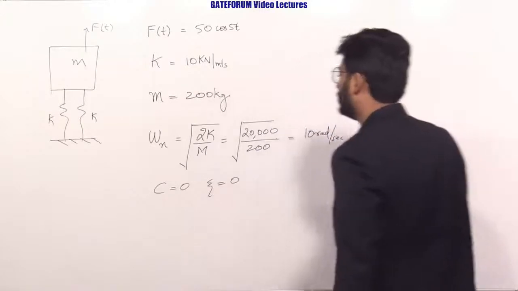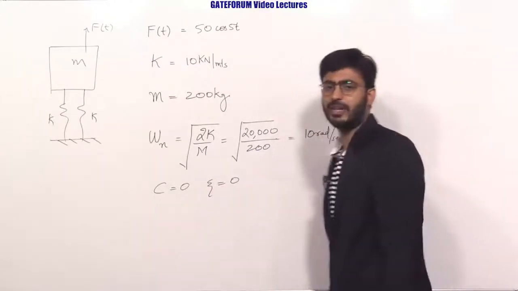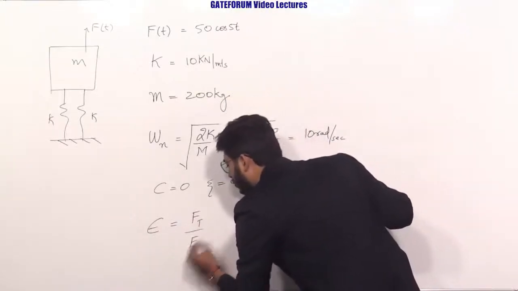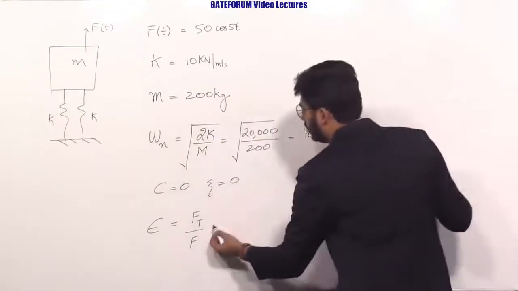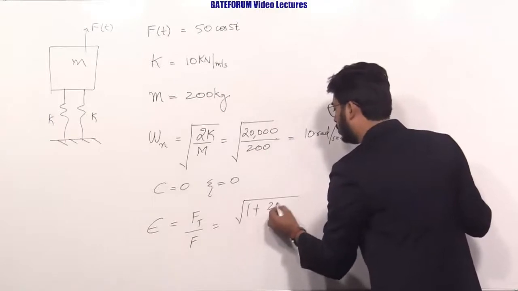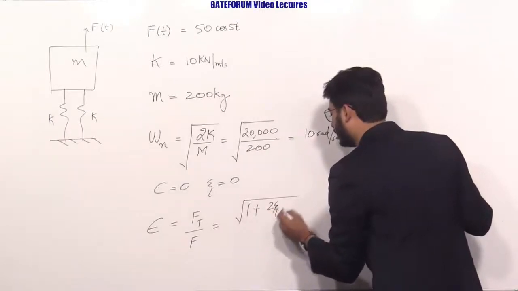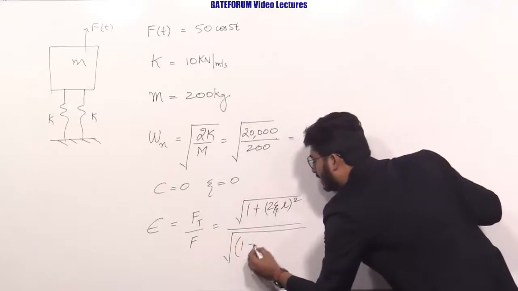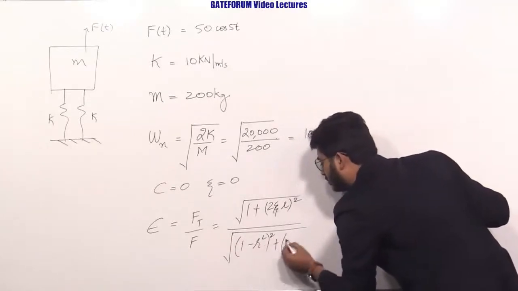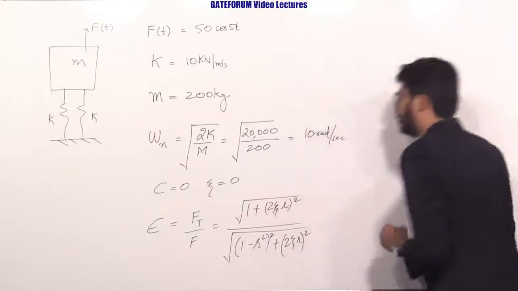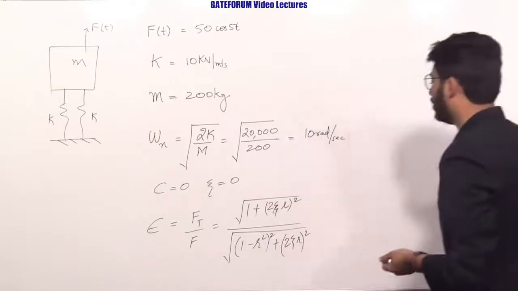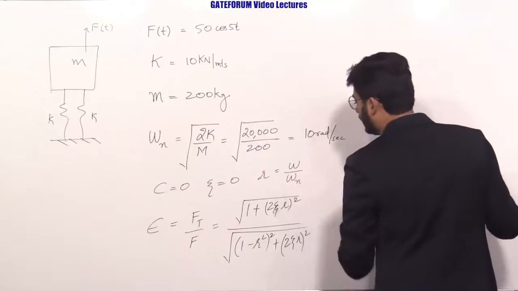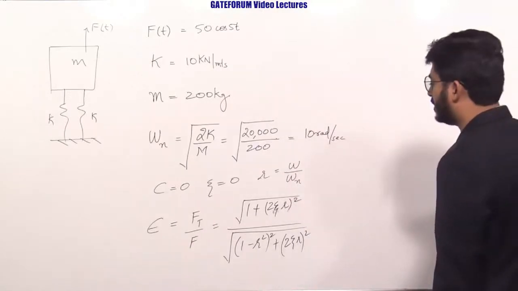Now recall the relation for the transmissibility ratio: epsilon equals f of t by f, force transmitted by force applied, equals root over 1 plus (2 zeta r) whole squared, divided by root over (1 minus r squared) whole squared plus (2 zeta r) whole squared. Here zeta is the damping ratio and r is the frequency ratio, the ratio of frequency of excitation to natural frequency.